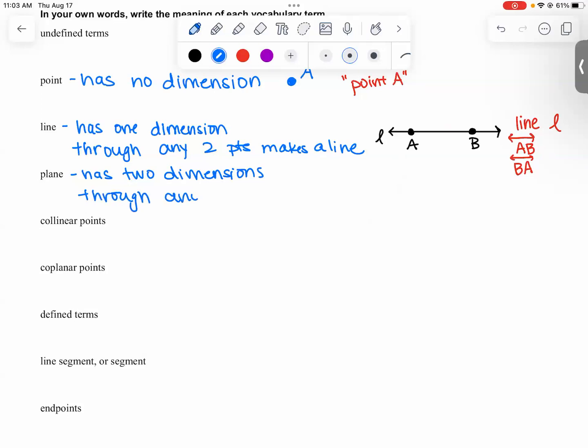Any 3 points makes a plane. So it takes at least 2 points to draw a line. It takes at least 3 points to make a plane.